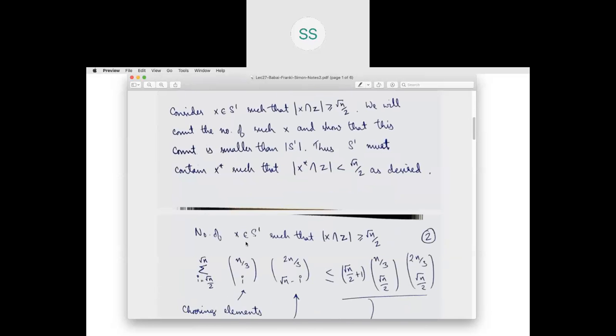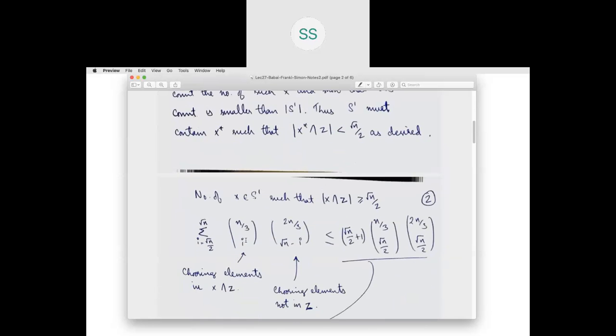Okay. So now let us do the counting. The number of x in S prime such that x intersection z is at least square root n by 2. Okay. So z is already there. Now, how many elements does x intersect with z?